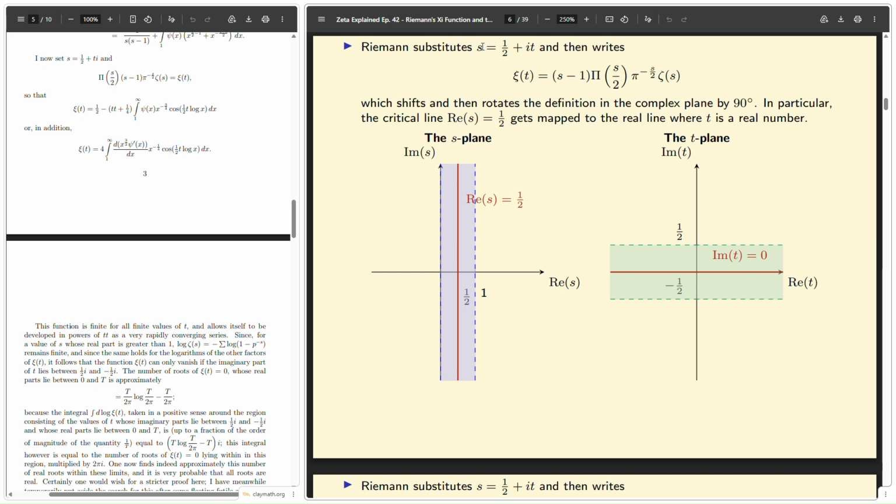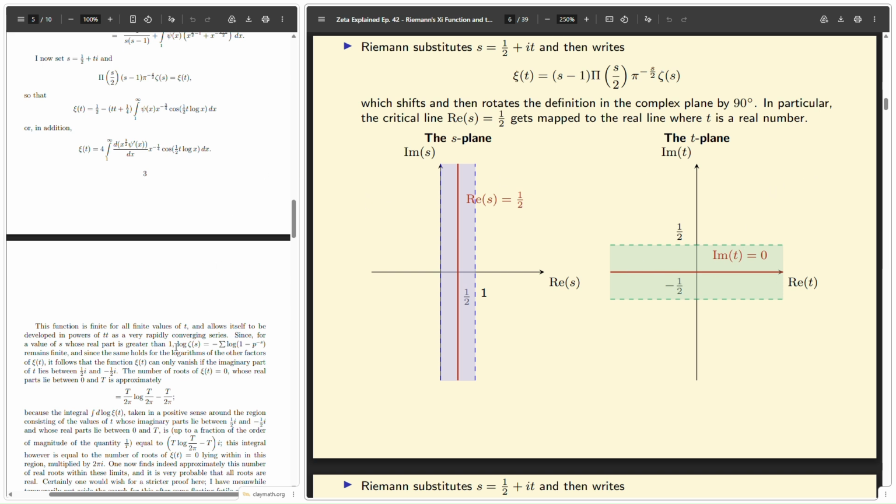However, because Riemann did s equals 1/2 plus it, it now becomes a horizontal line, and it doesn't have an offset of 1/2. This time, this is just the real axis. So in the t-plane, the critical line from zeta now gets rotated into a horizontal line. So a vertical line turns into a horizontal line. And namely, this becomes the real axis.